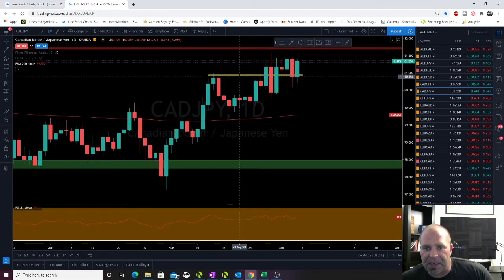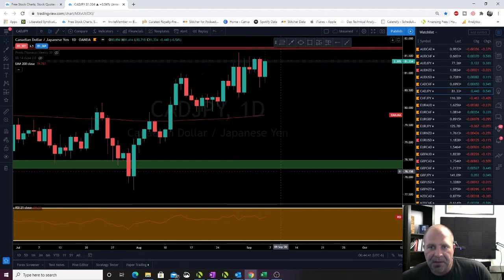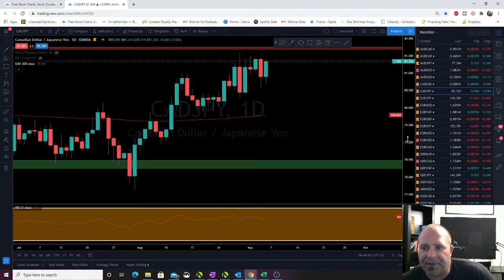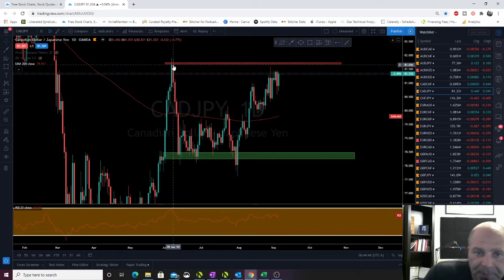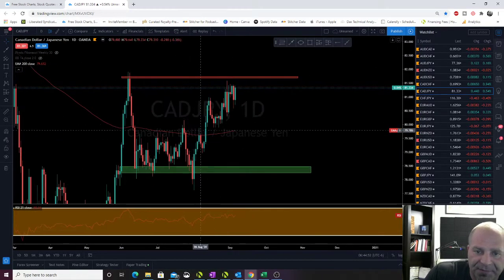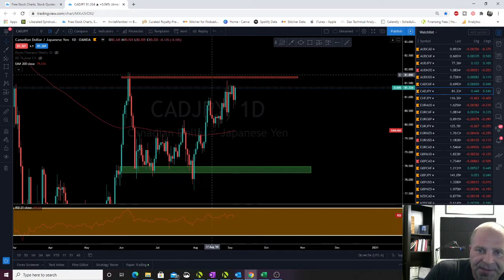CAD JPY. I like where we have our zones. Former turnaround spot. We're above the 200 EMA, so it's an obvious upward trend. This is what we're going to target for that reversal of that trend.